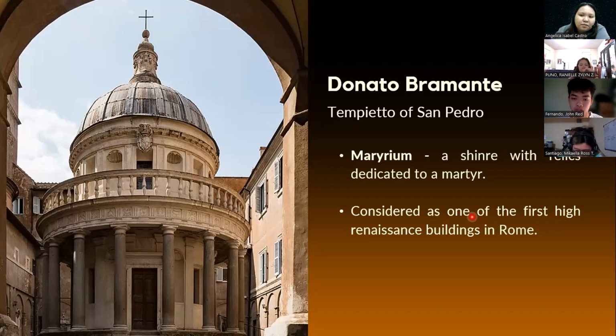This is a shrine for Saint Peter's martyrdom, considered one of the first High Renaissance buildings in Rome. High Renaissance, why? The plan is circular. I'll show you the plan.